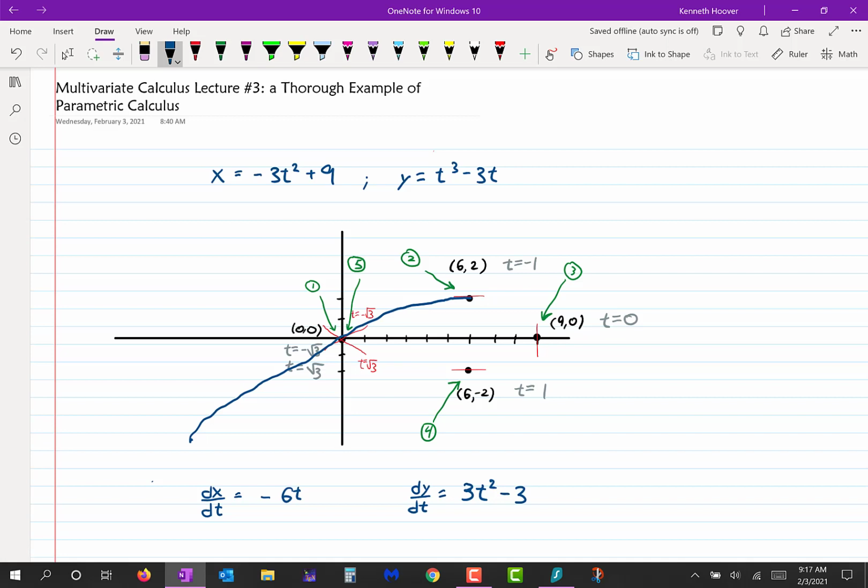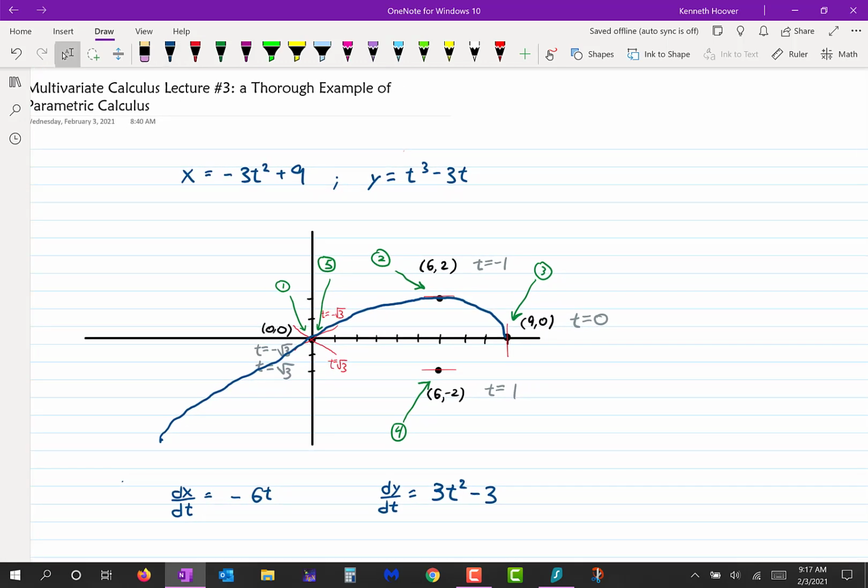It levels off right there. Still concave down. Goes through this point vertically. Now it switches to concave up. It goes through that point, levels off, concave up, goes through the origin again at that angle, still concave up, and goes off in that direction. That's what the graph looks like.